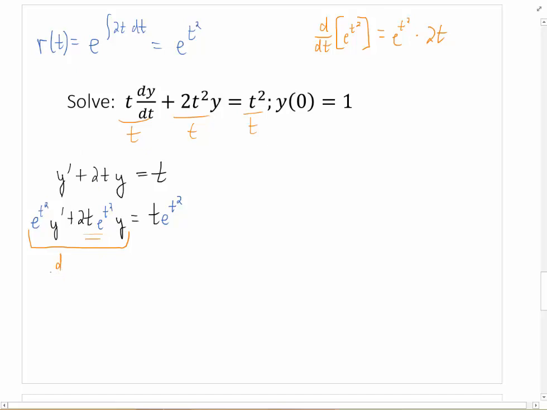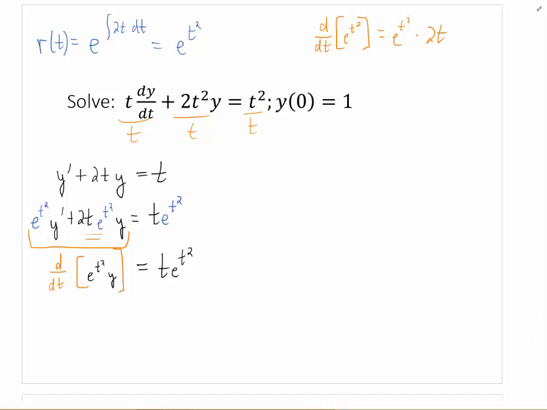This looks good. So this left-hand side is d by dt of e to the t squared times y. And the right-hand side is just t e to the t squared. So we've brought in the integrating factor, it checks out.